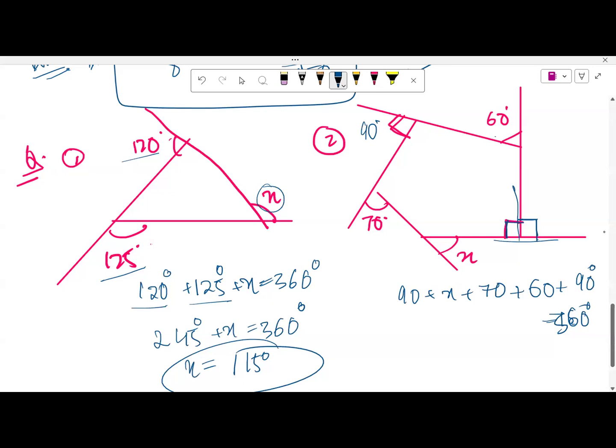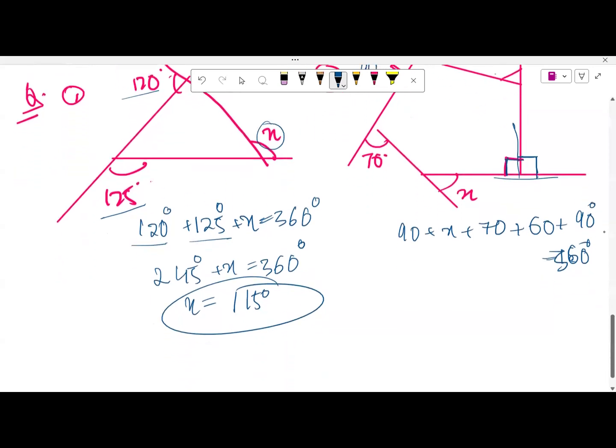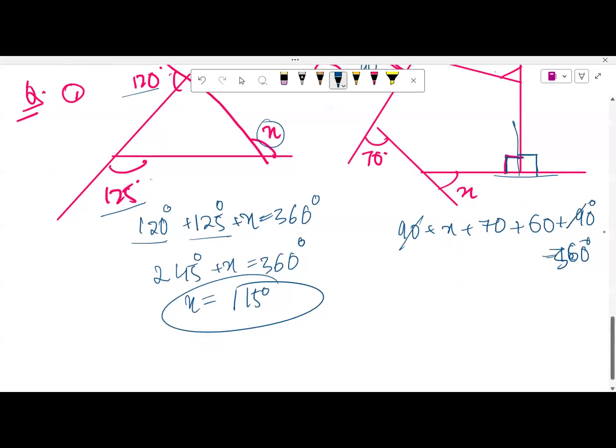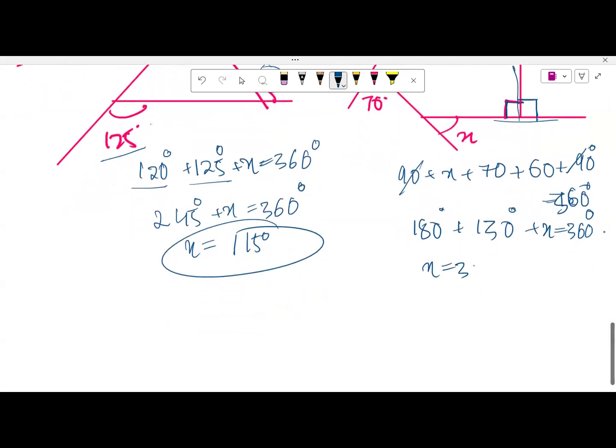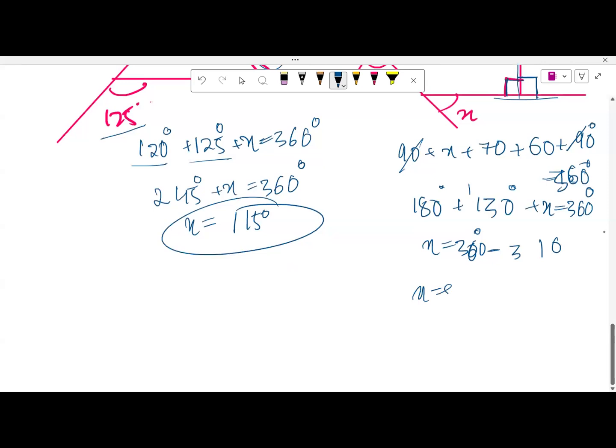One angle is given to you as 90 degrees, so the other is also 90 degrees. They're not adjacent, they are a linear pair. So 90 plus 90 will give you 180 degrees, plus 130 degrees plus x shall give you 360 degrees. Then x will be equal to 360 degrees minus 310 degrees, so x is equal to 50 degrees.